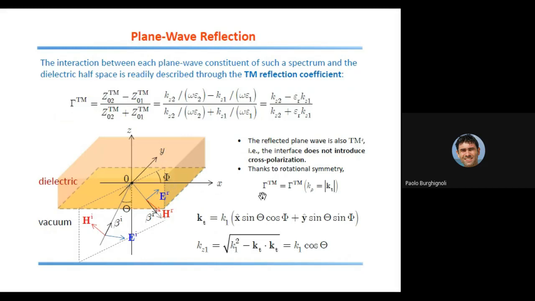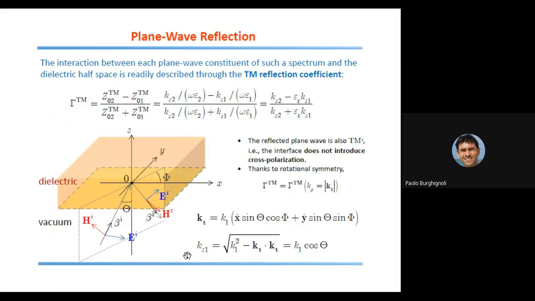That is, in other words, the reflection coefficient, as you can see here, depends only on k rho, which is the amplitude of the transverse wave vector kt, where this transverse wave vector explicitly has Cartesian components represented here in terms of the angles capital theta and capital phi. In particular, we can write the vertical wave number inside the vacuum in terms of those angles as k1 times cosine theta, as you can see with simple geometrical considerations.